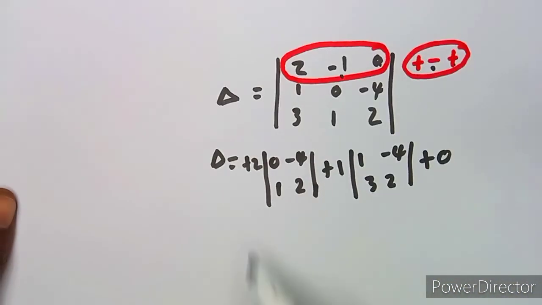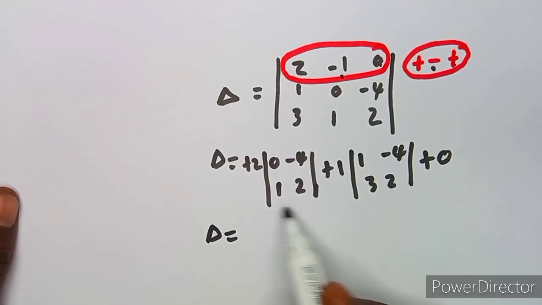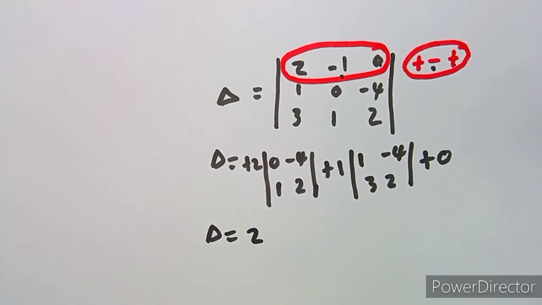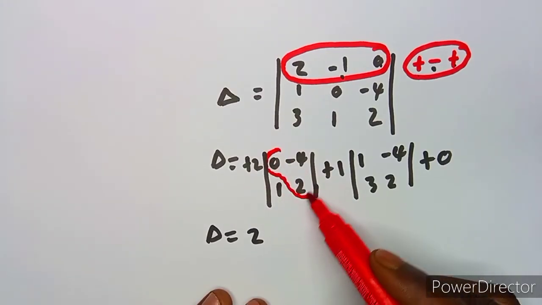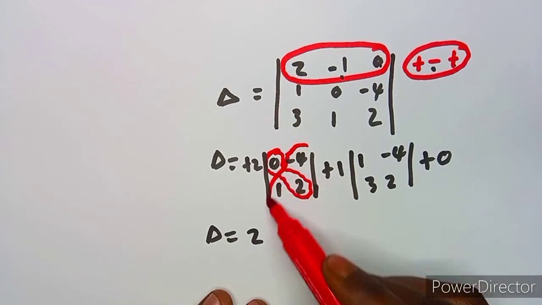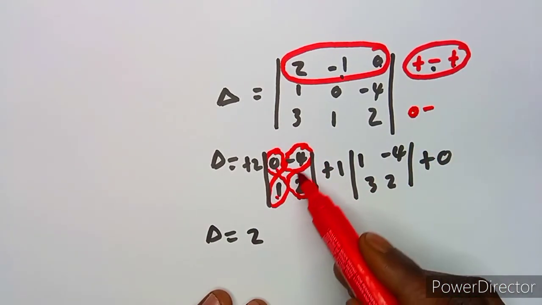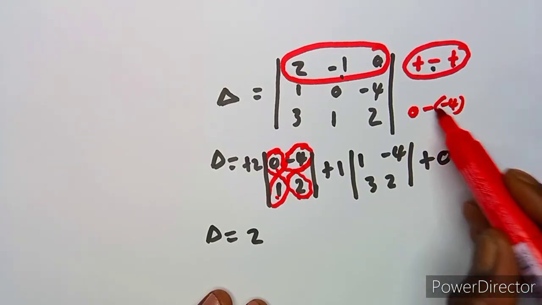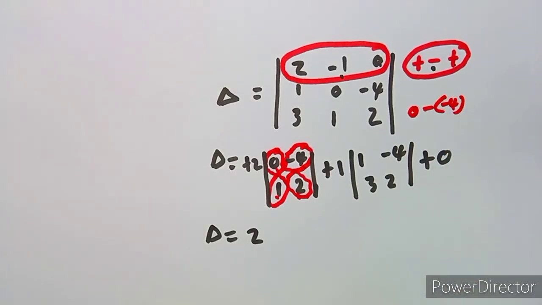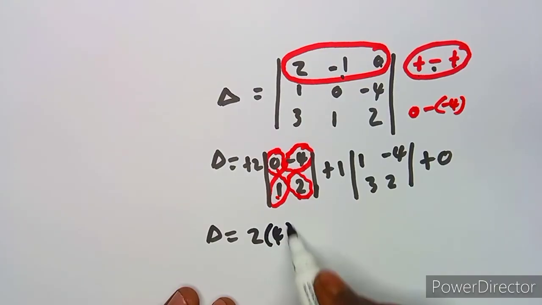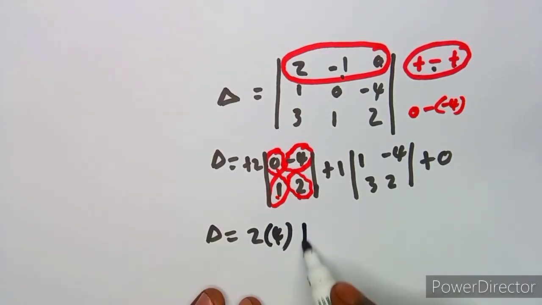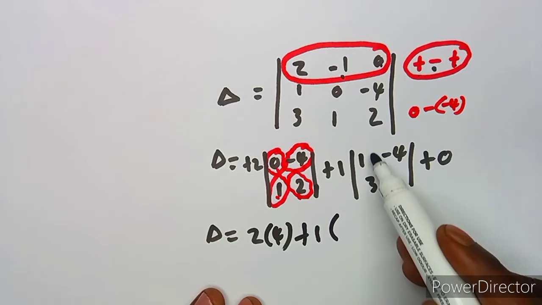All right, so this is it, guys. You calculate your determinant. So it's going to be plus times 2, which is 2. Remember, major diagonal minus minor diagonal. So it's 0 times 2, which is 0, minus 1 times minus 4, which is minus 4, which is going to give us plus 4. 0 plus 4, which is 4. All right, plus 1 into, you do the same here.